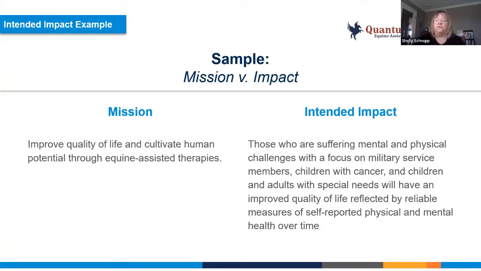Now, when we switch over to the intended impact statement, we start to get more specific about who is served and why they are served and what that improved quality of life truly means in this context. You know, improved quality of life may mean very different things to different audiences. So our intended impact statement tries to get more specific. It also indicates how improved quality of life will be measured. Let's look at another example.